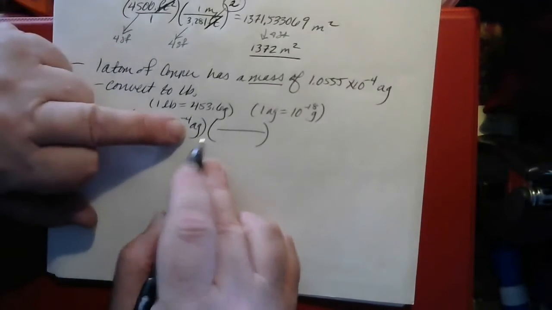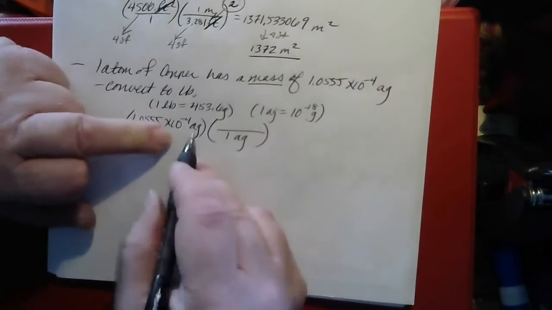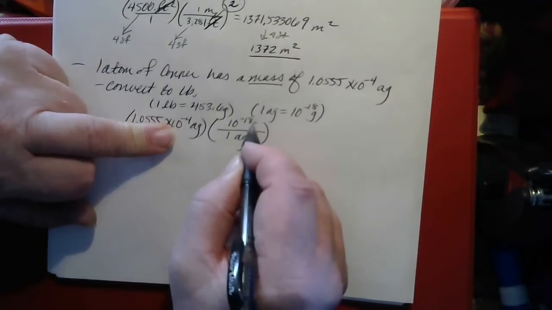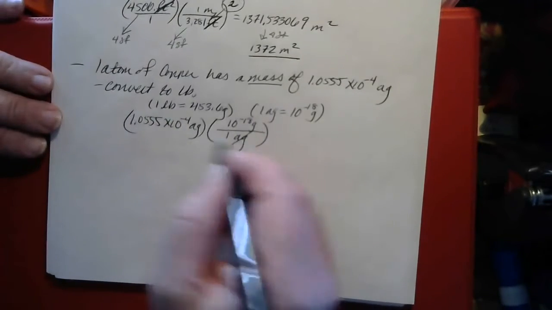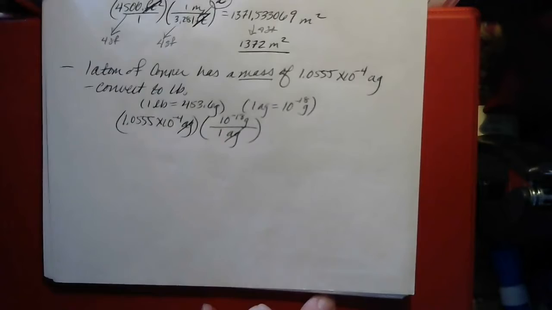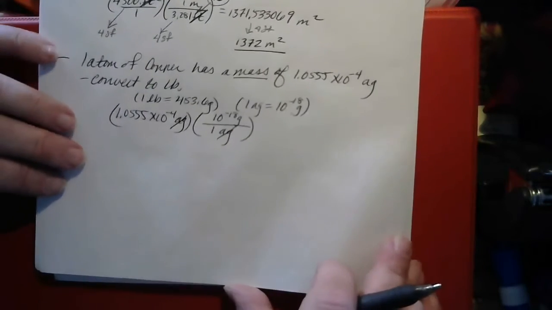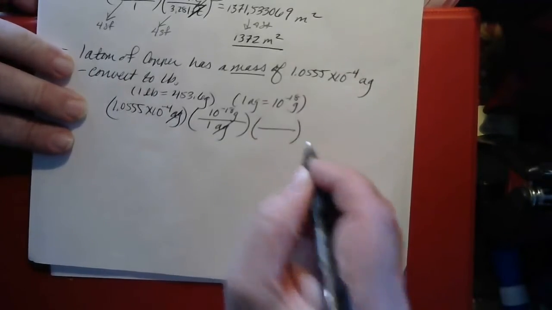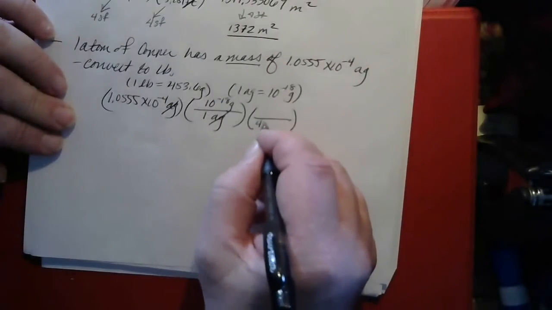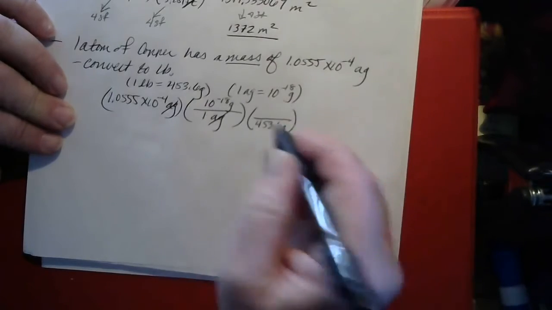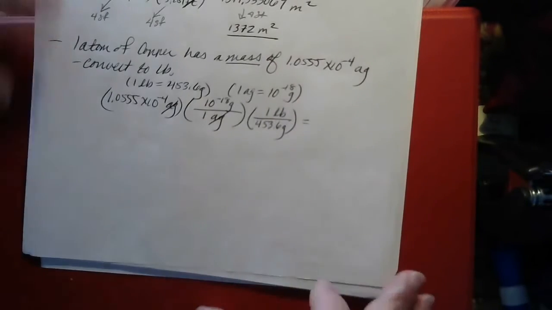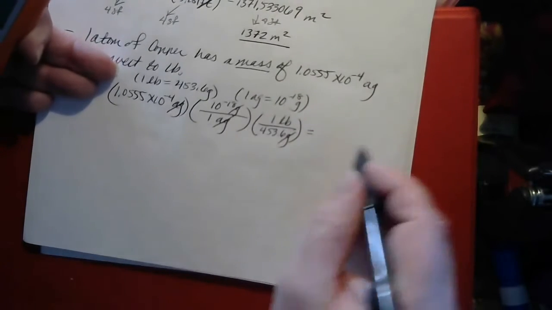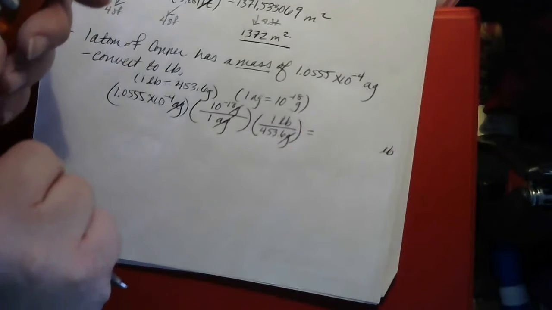That means we want attograms on the bottom so it'll cancel with these attograms, and we want the number of grams associated with it on top. So now attograms will cancel, and we'll have grams as the unit. And now it's just a simple matter of using this equivalence for a conversion factor. For that, we need the grams on the bottom and the pounds on the top. Okay, so grams cancel. We have pounds as the unit, and we'll see what the number ends up being.